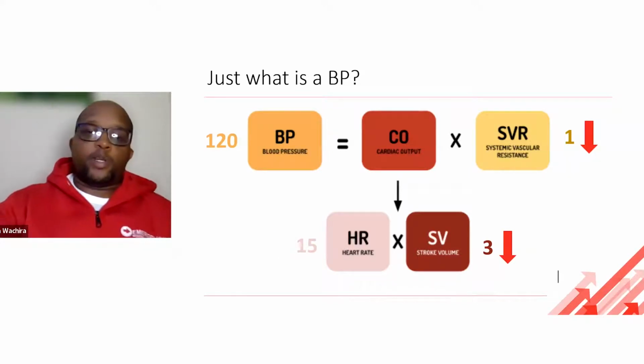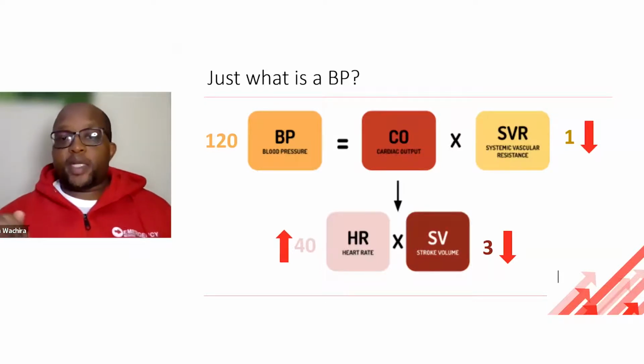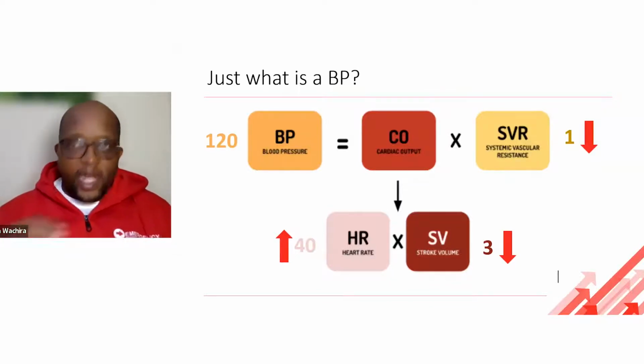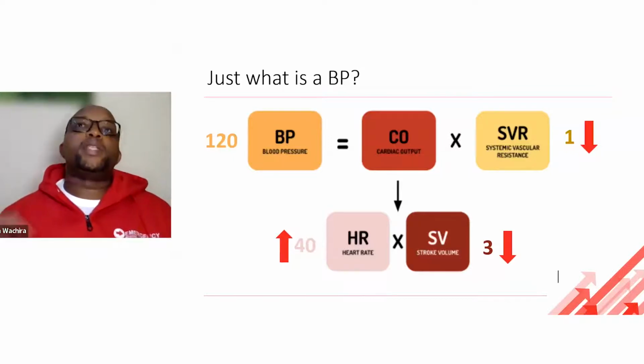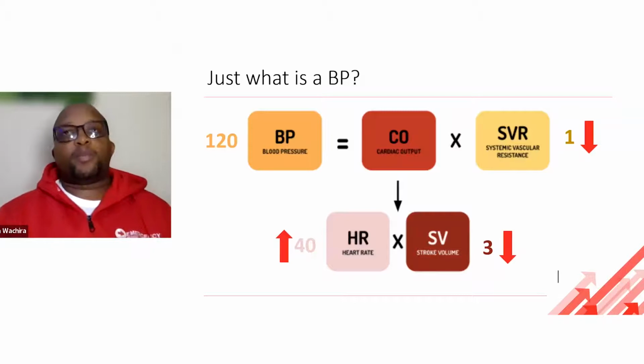Okay, so then what is your body gonna do? Increase the heart rate. So that way, 40 times 3, 120 times 1, 120. Your BP is maintained. At any given point, your body is trying to maintain these pressures, your blood pressure.